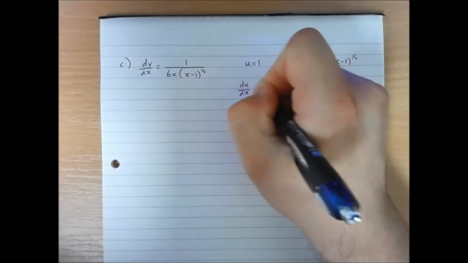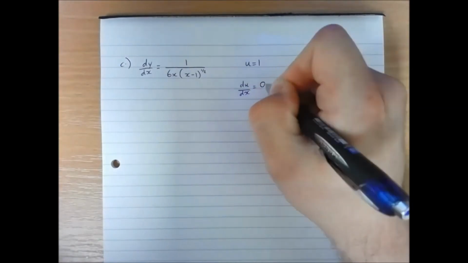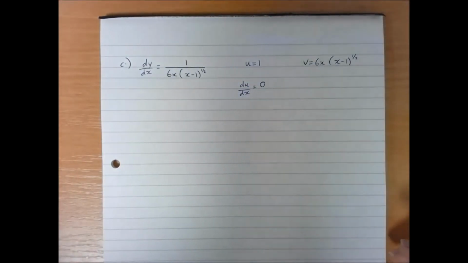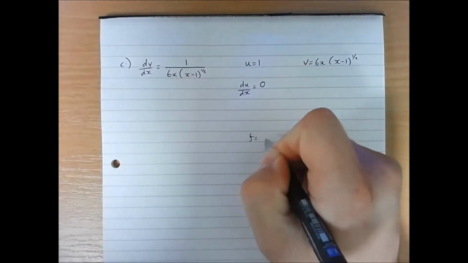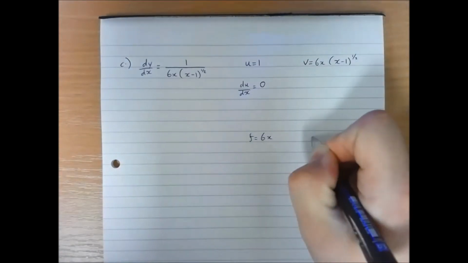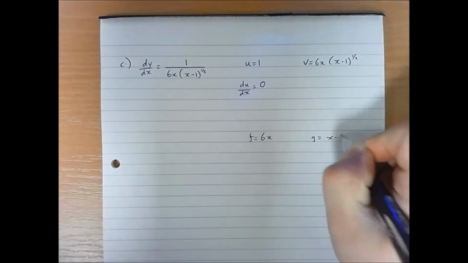du/dx is easy to find, that's just 0. dv/dx is going to be a little bit trickier, as I'm going to have to use the product rule for that. I'm going to do a little bit of an aside, where I'm going to set f as 6x and g as (x minus 1) to the power of a half.